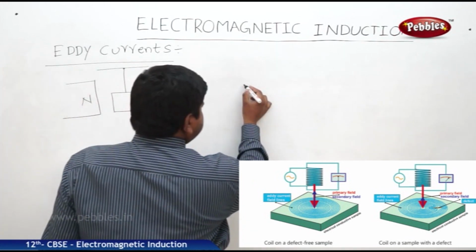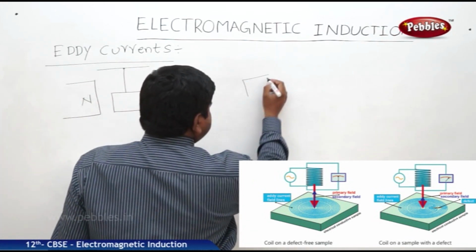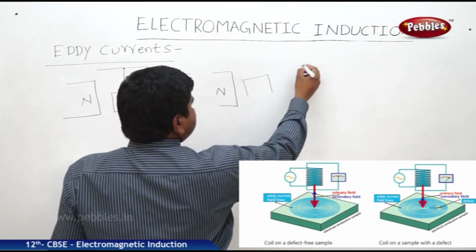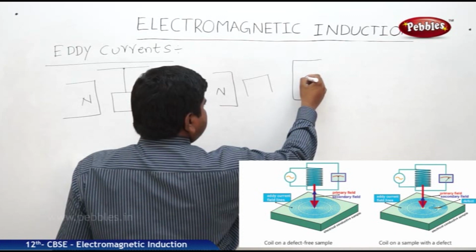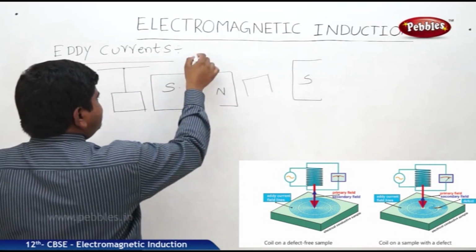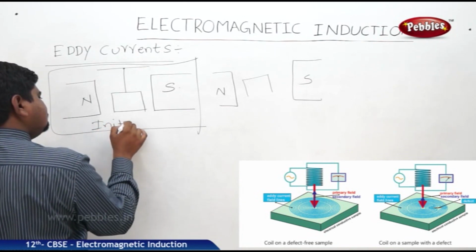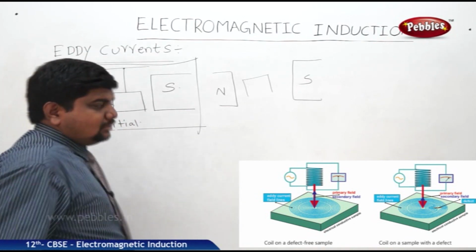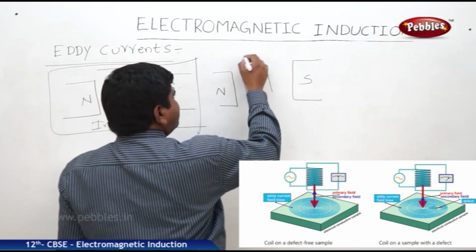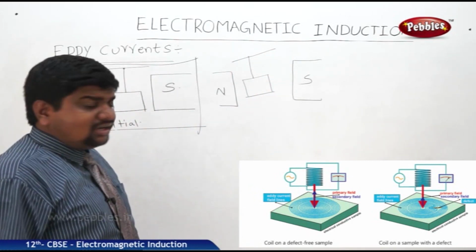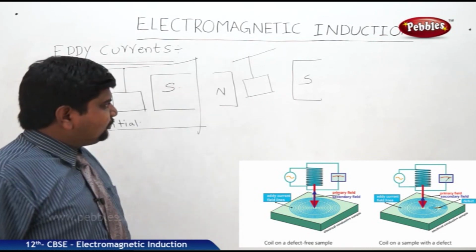Suppose it is hanged like this, this is the initial arrangement. Now this pivot is hanged like this. It is a metallic conductor made up of copper, aluminum, iron, whatever it may be.